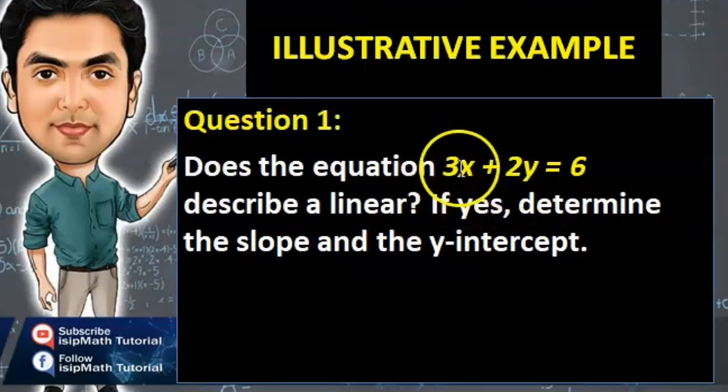And nakikita po natin na ang itsura niya ay itsura ng linear equation, di ba? Ito yung ax po natin. Ito po yung by po natin. At ito po yung c po natin. Okay, so this is a linear equation in two variables. Then, we will determine the slope and the y-intercept.